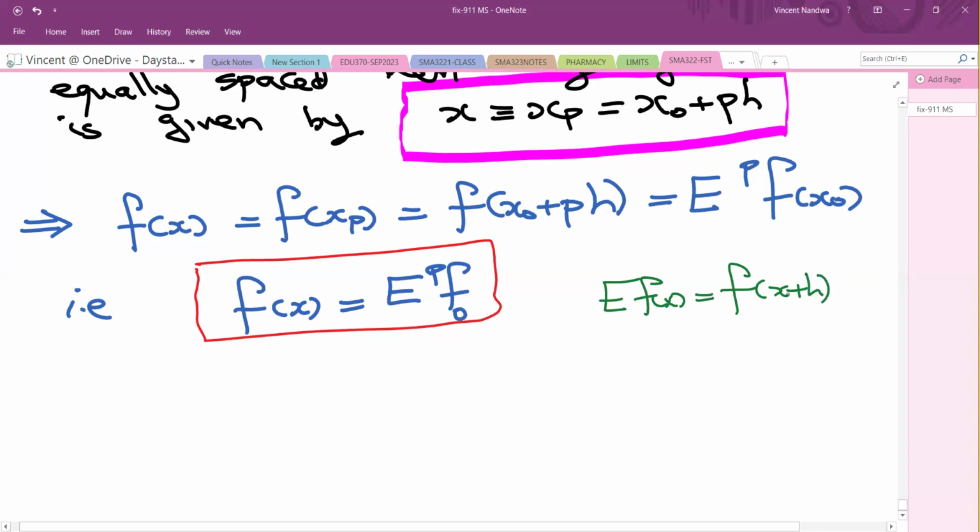So the shift of f of x takes you to the next f value, which is x plus h. Then the second shift of f of x is the same as f of x plus 2h.